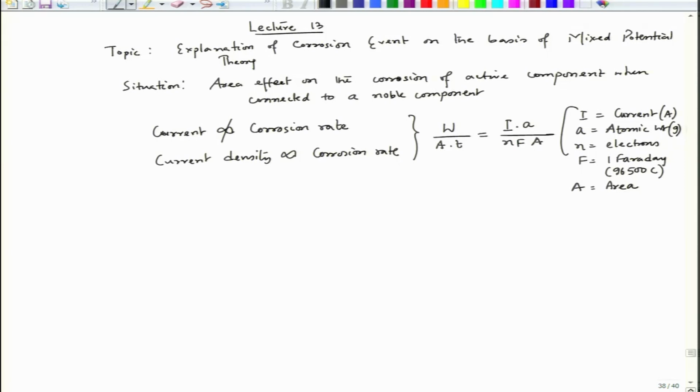So, now we could see that if we consider the corrosion rate to be this, then this quantity is not proportional to corrosion rate, because this can vary. But if we consider this quantity, that means I by A, that is proportional to the corrosion rate. So, we have seen that before.